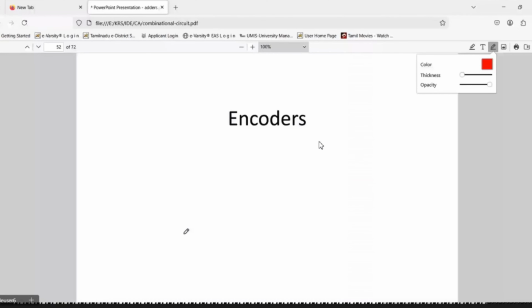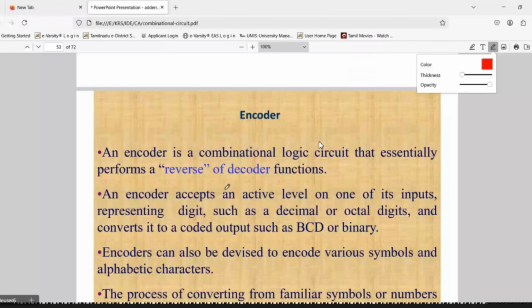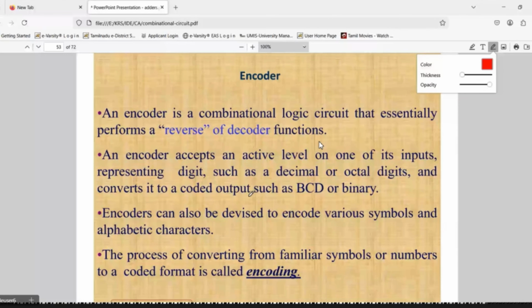An encoder is a combinational logic circuit that essentially performs the reverse of the decoder function. An encoder accepts an active level on one of its inputs representing a digit, such as a decimal or octal digit, and converts it to a coded output such as BCD or binary. Encoders can also be devised to encode various symbols and alphabetic characters.